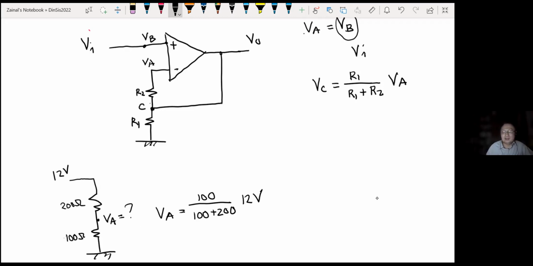Right? So this one is just the same. VC is R1 divided by R1 plus R2 multiplied by VA.